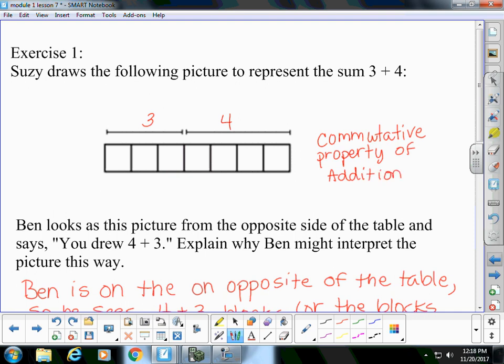Okay, so this is the first example today with Susie and Ben looking at the blocks, and it didn't matter what side of the table they looked at them. That was an example of the commutative property of addition.